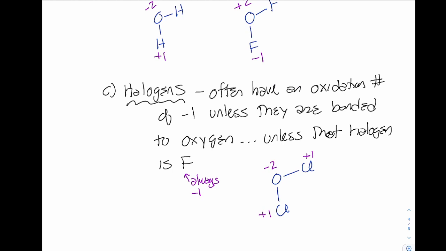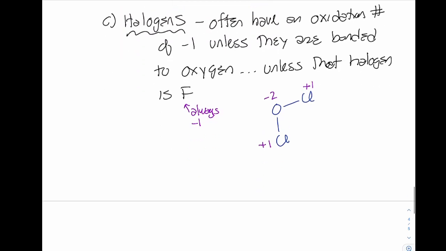It's always going to get to be negative. Halogens are usually more electronegative, but oxygen is more electronegative than all of the halogens except for fluorine. So oxygen gets to stay negative and my halogens become positive. That is our reasoning.